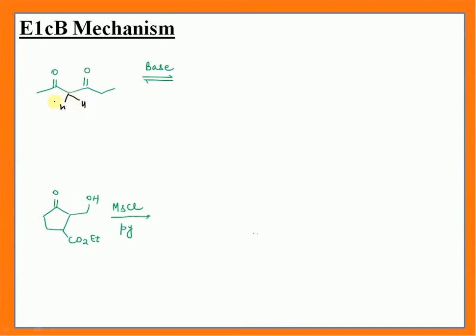And on this carbon the protons attached are highly acidic in nature, so we can remove them using a base. And when we remove them, actually it should be OH, right? So first we will get an enolate, and when the charge comes back, this OH group will be removed.